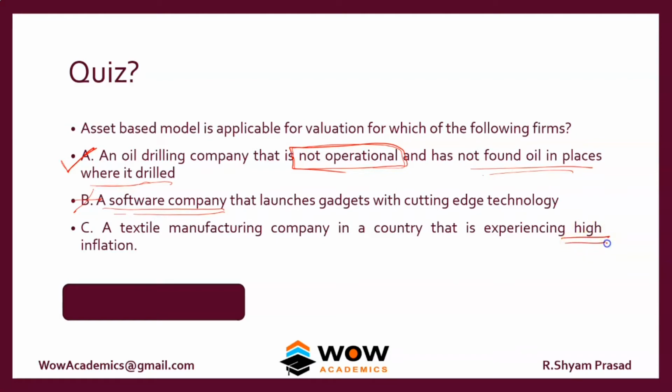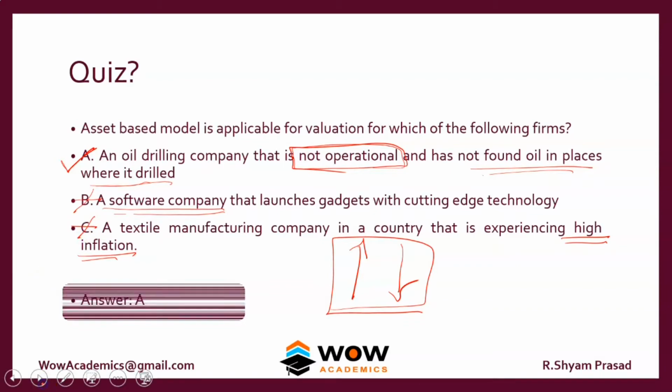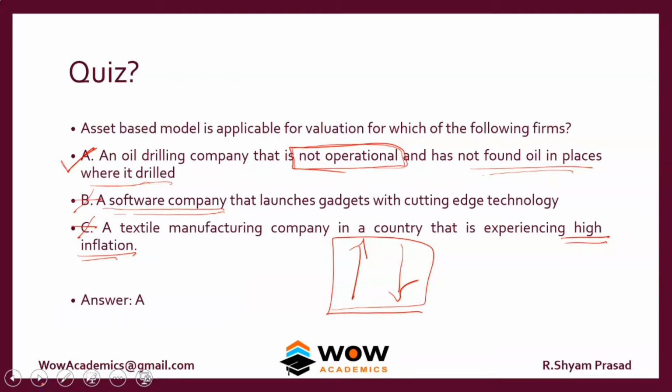So this is not useful because in a high inflation country, the worth of money keeps going down and the value of machines and assets goes up. So it's very difficult to balance both and try to find out a value. So I think A should be the answer. So the answer is A.